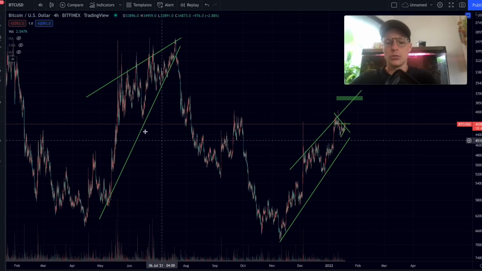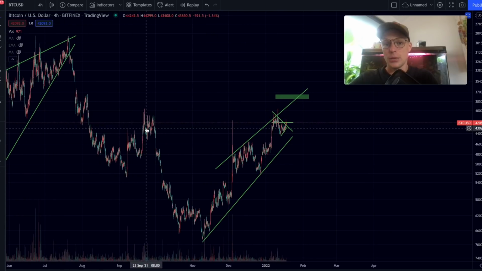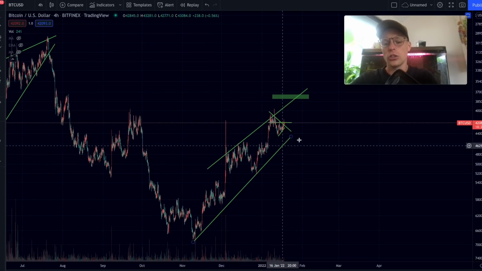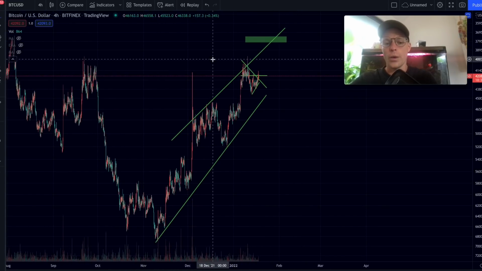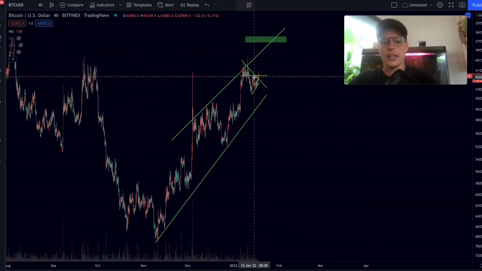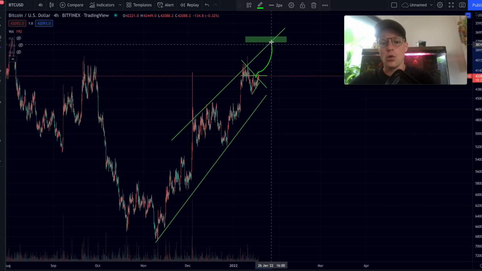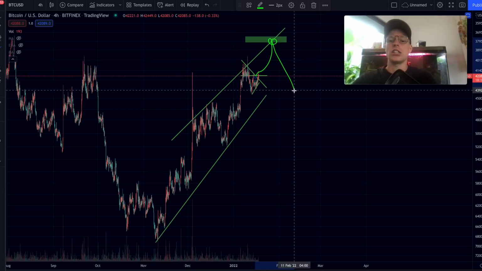And I think that the price action that we are seeing right here is quite similar to the price action that we are seeing right now. Bitcoin is also trading in a rising wedge formation right here. We have these huge wicks to the upside, which also could be telling us that Bitcoin is not done yet right here, that we still could see a move right here into this green box before we potentially see a breakout.